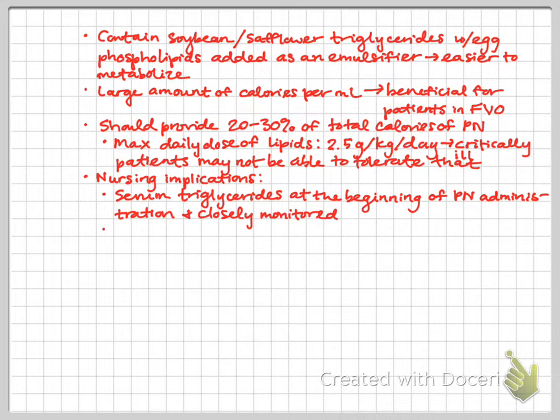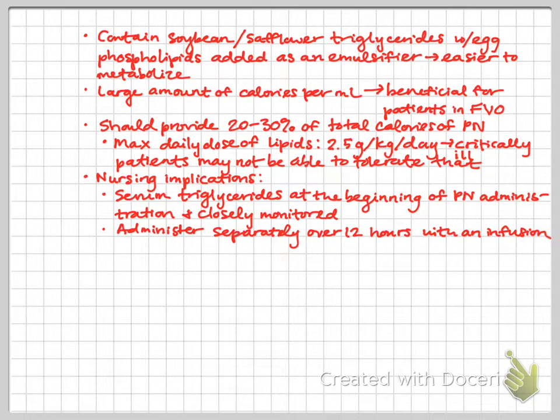So with your fat emulsifications, they should be administered separately over 12 hours with an infusion rate not to exceed 0.5 mLs per kilogram per hour.